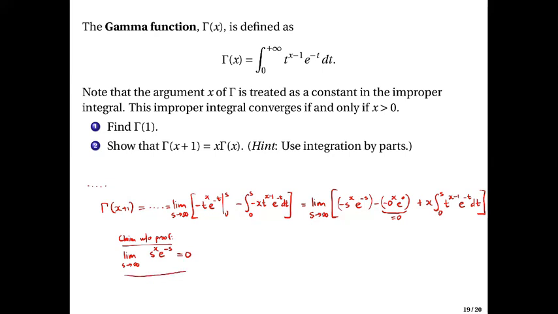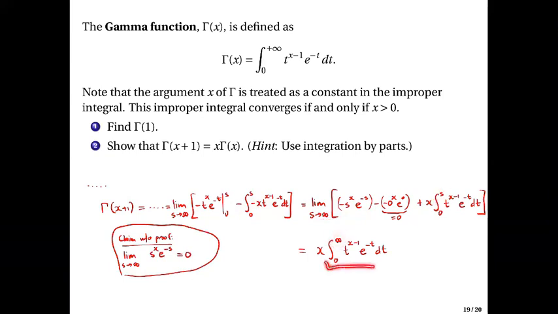So using this, I will get x times the integral from 0 to infinity of t to the x minus 1 e to the minus t dt. I now let this s go to infinity. That's why I have this infinity.